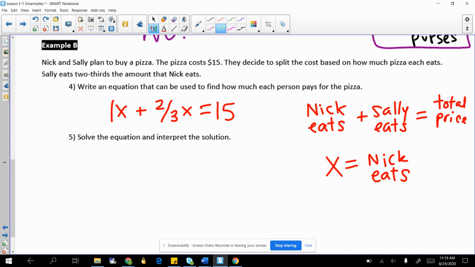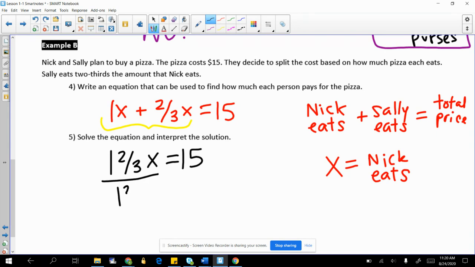So now how would we solve for this? Well, again, just like in the last one, we're going to have to combine these like terms because they both have the variable X. So 1X plus 2/3 X is 1 and 2/3 X. Okay, so now all we would have to do is divide by this.